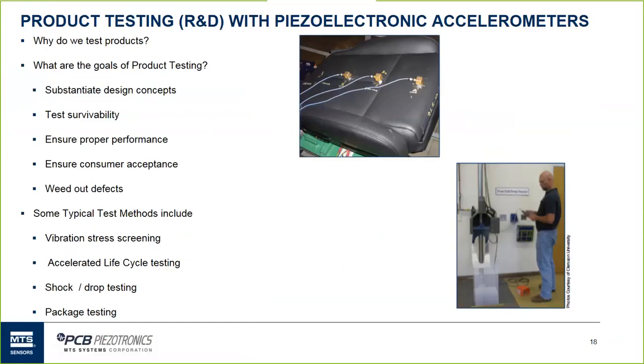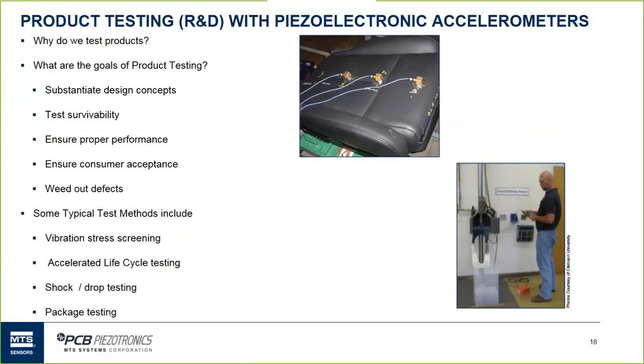Now, what are some of the methodologies that are employed? Vibration stress screening is often employed in electronic componentry. Accelerated life cycle testing, we've got a component that you can actually accelerate its testing and simulate X number of cycles in order to shorten that testing cycle.